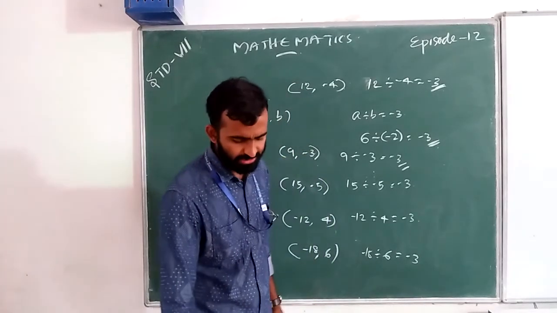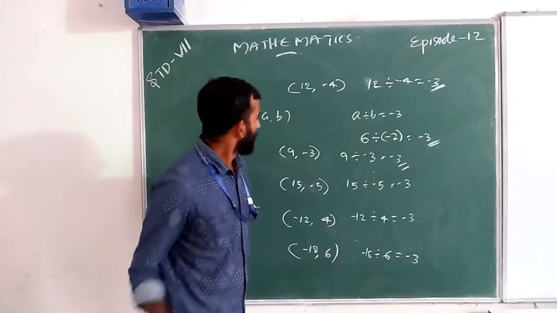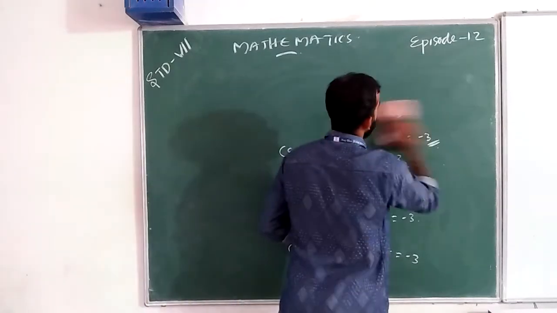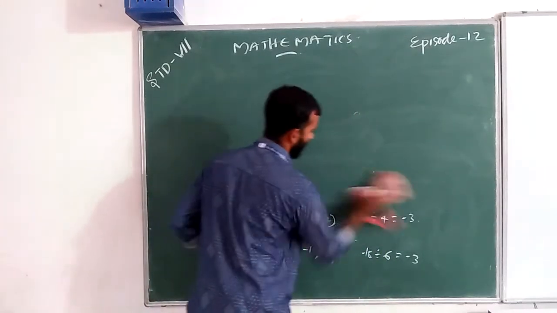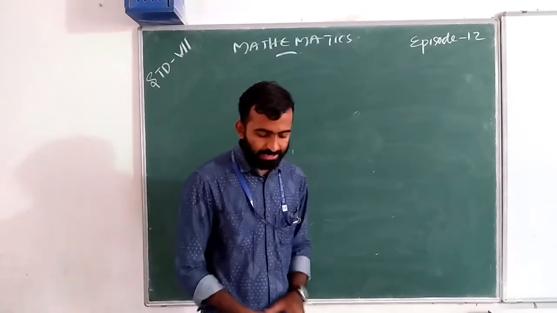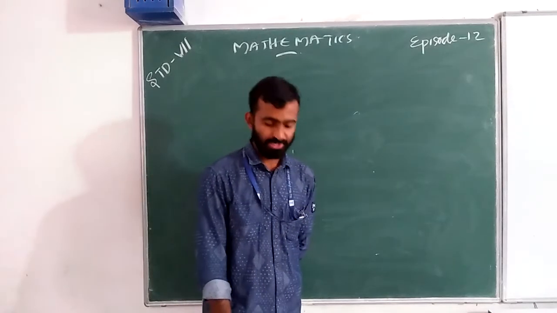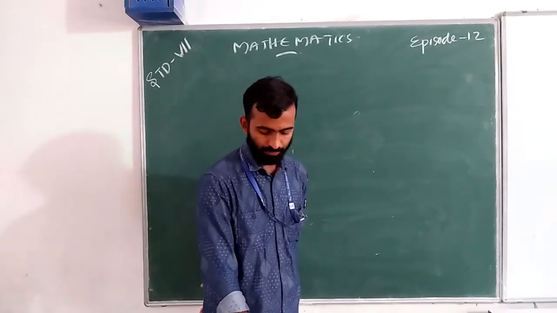And next question is the fifth question. The temperature at 12 noon was 10 degrees Celsius above 0.